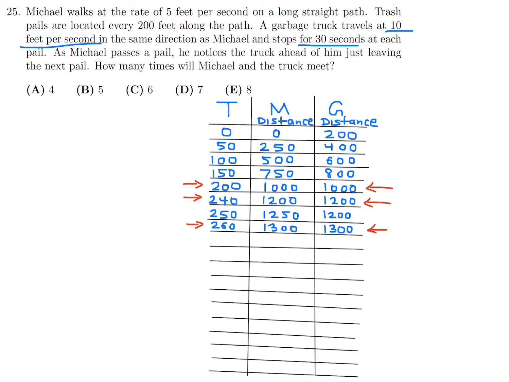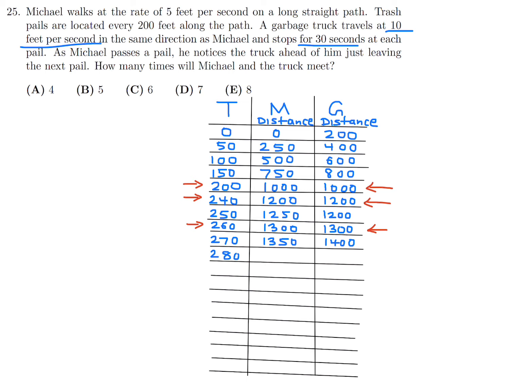All right, so you see what's happening here. We've got to be a little bit more intricate in our time intervals here. So again, let's see. Are we going to meet any other way? Let's try 270 here. I'm just going to go up by tens now. At 270, we got 1350, and we've got 1400. Okay, that wasn't a meeting.